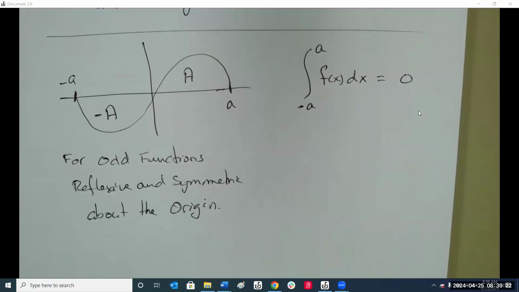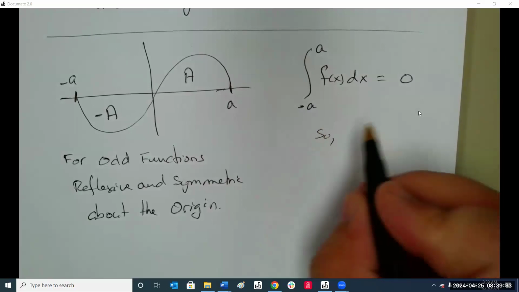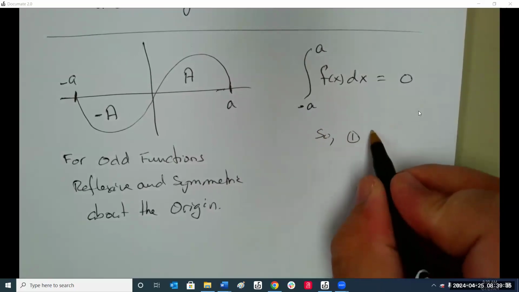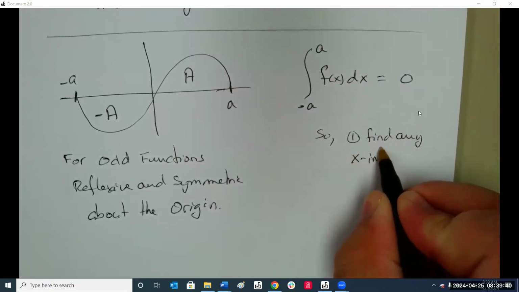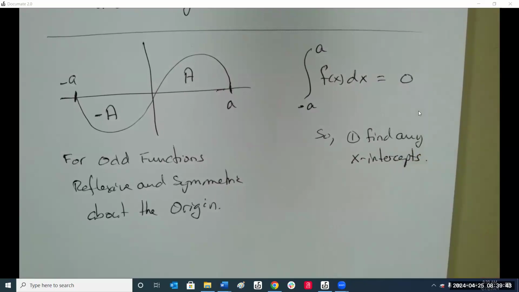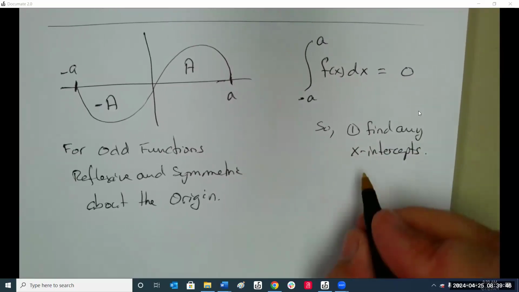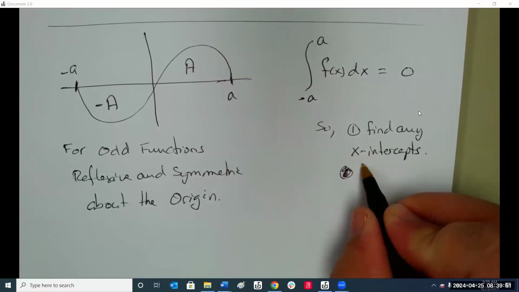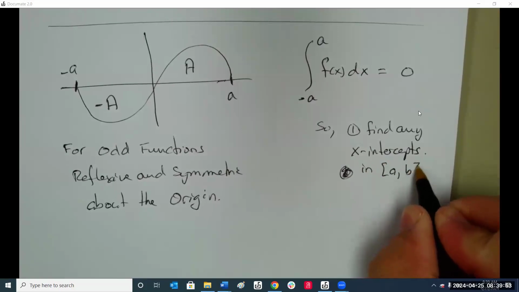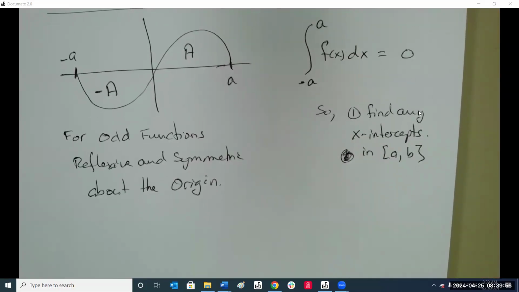So if you ever just take what's given and take the integral of it and it gives you 0, that's what it tells you. So what do you have to do? Find any x-intercepts in the closed interval a, b.